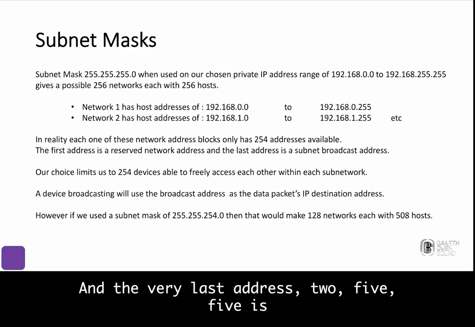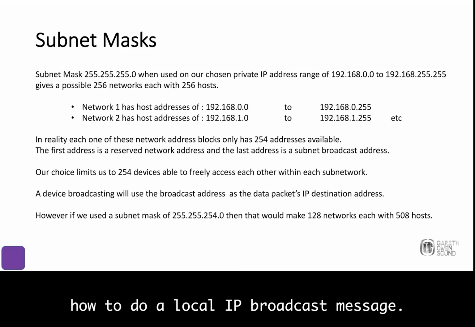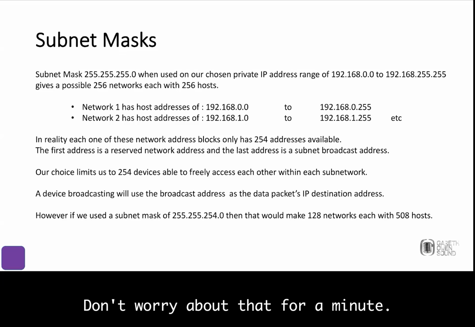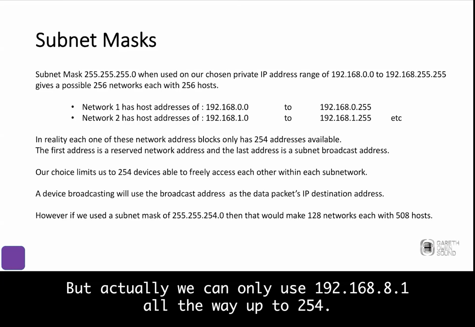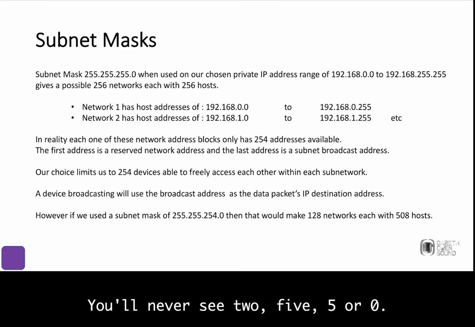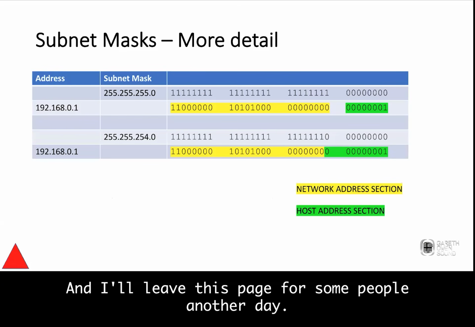And the very last address, 255, is how to do a local IP broadcast message. Don't worry about that for a minute, but actually we can only use 192.168.0.1 all the way up to 254. You'll never see 255 or 0. I'll leave this page for some people another day.